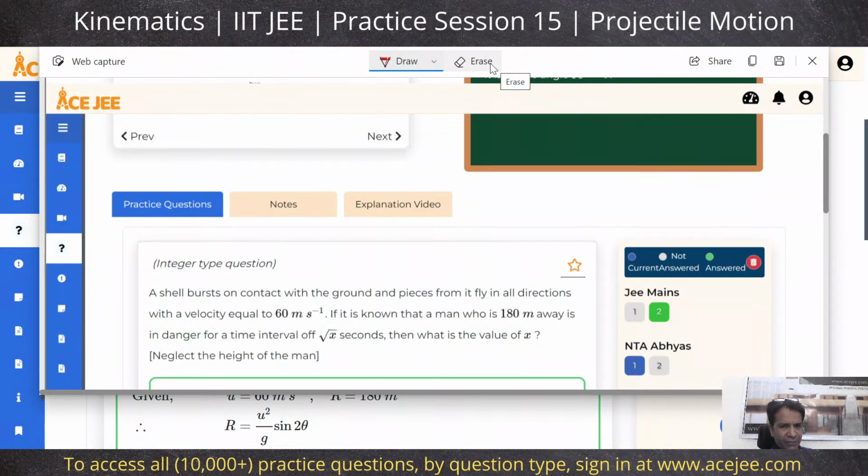I think the question itself is a little bit ambiguous there. Now I don't have a good answer for that. It says pieces from it fly in all directions, right? This is interesting.